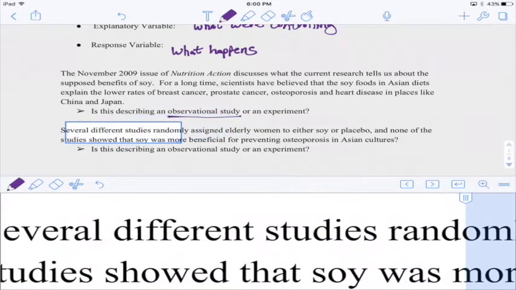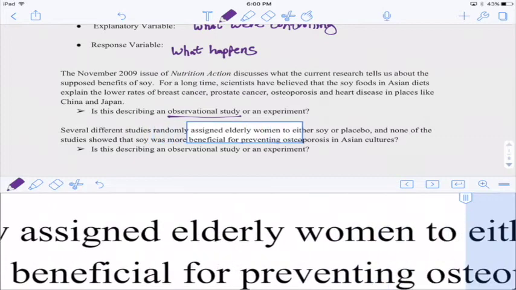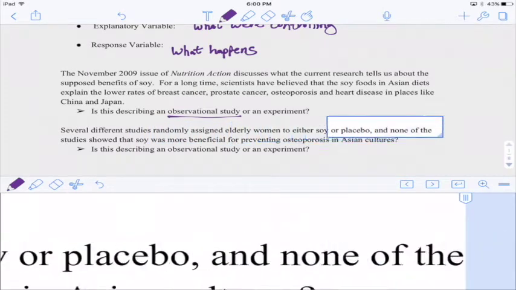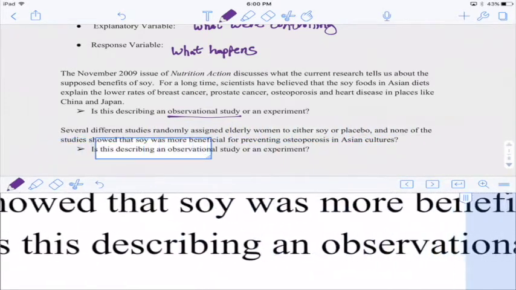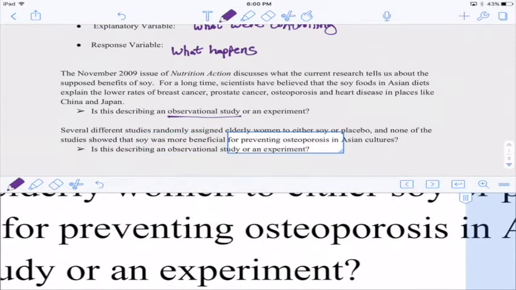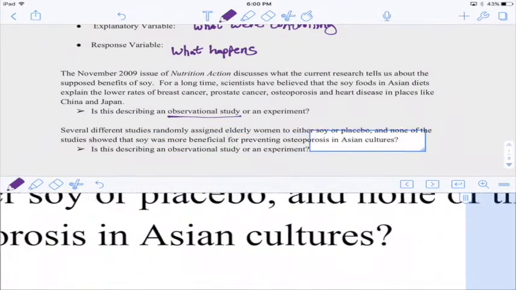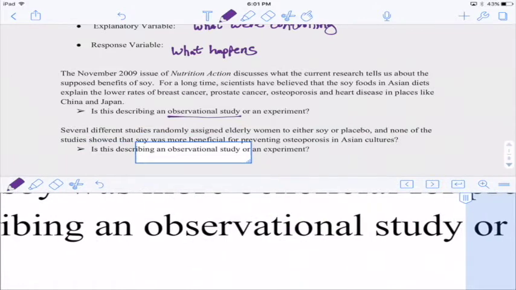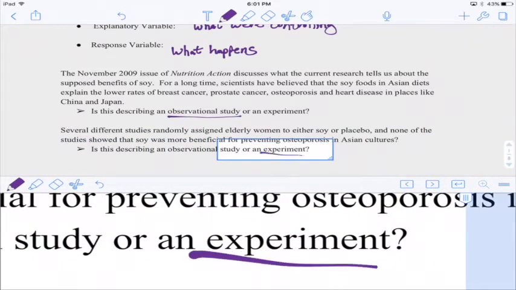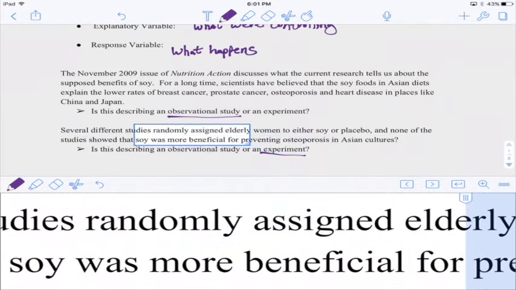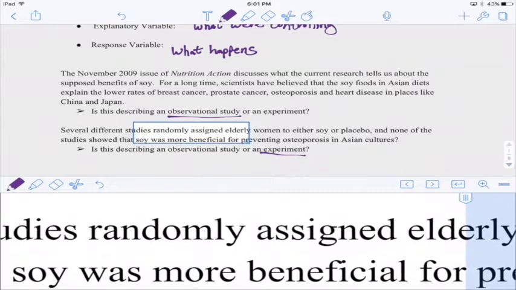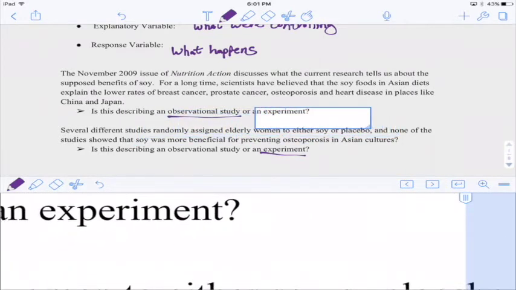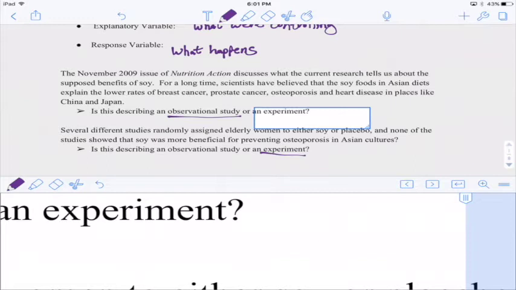Several different studies randomly assigned elderly women to either soy or placebo, and none of the studies showed that soy was more beneficial for preventing osteoporosis in Asian cultures. Is this describing an observational study or an experiment? Well, it's an experiment because they randomly assigned these women to either one or the other, trying to find out what happens.